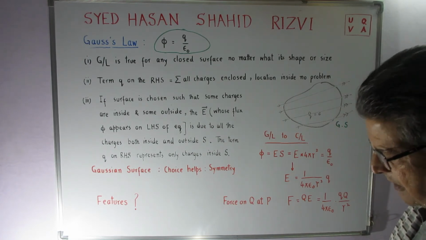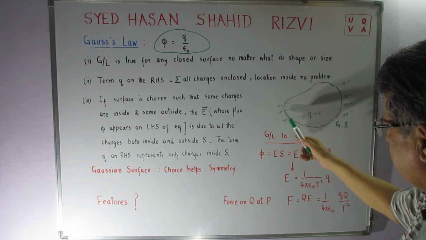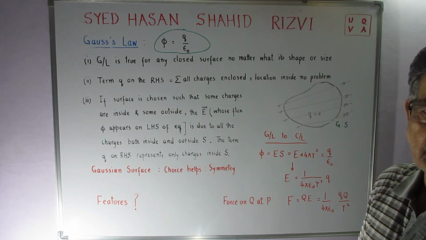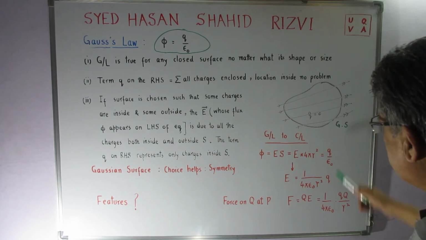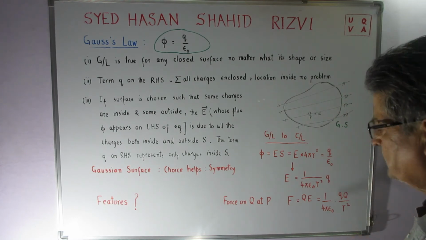If I just count the numbers, then as many lines which are entering here, how many? 4. They are fluxing in. And the same number, 1, 2, 3, 4, they are fluxing out.